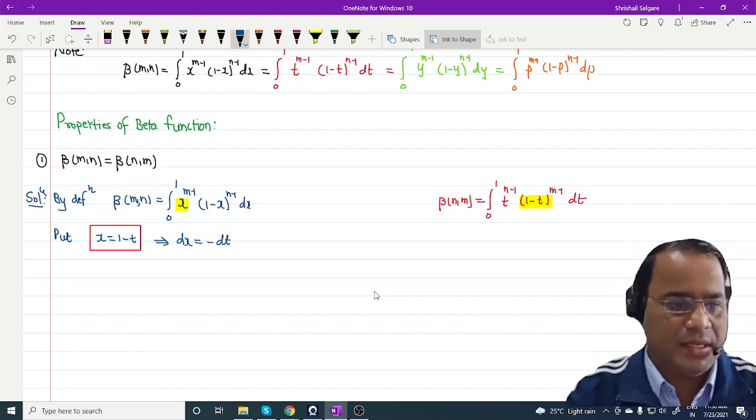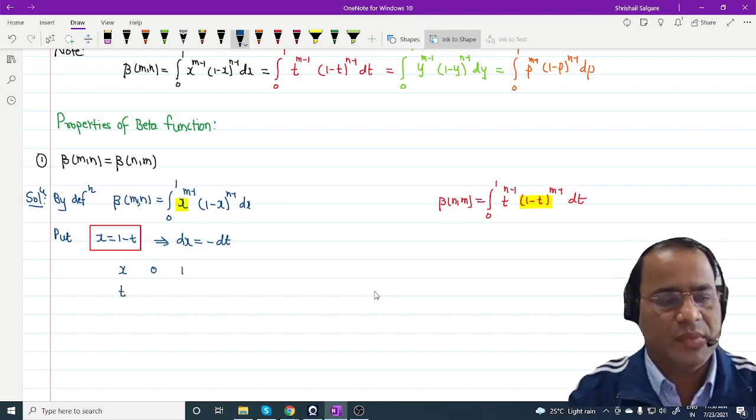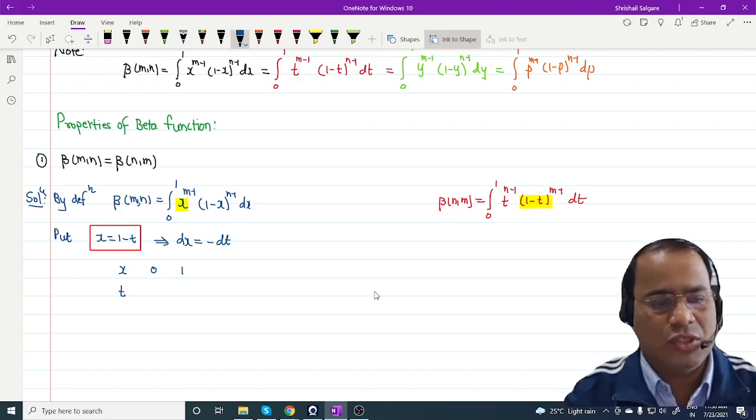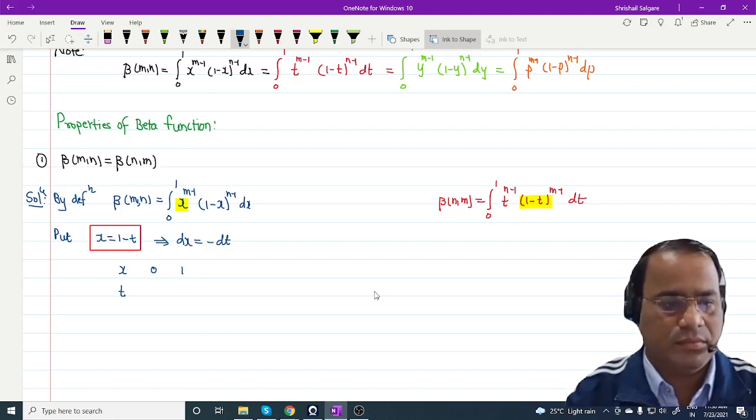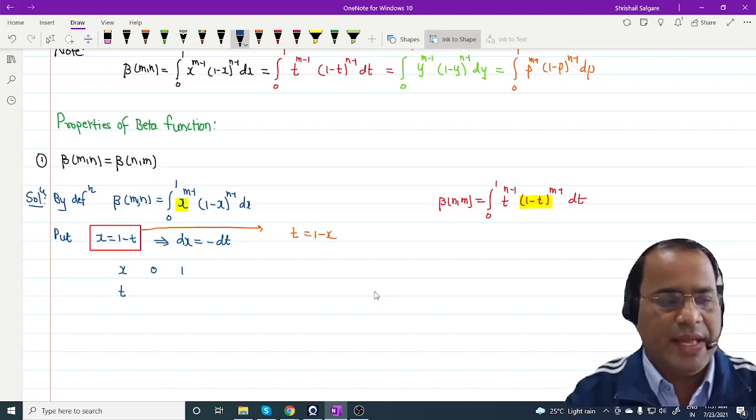Now the limits. So given limits for x, in the table form I will write 0 and 1. What is the value of t? The same substitution you may write as t is equal to 1 minus x. Is it right? Now substitute x is equal to 0, then what is t?